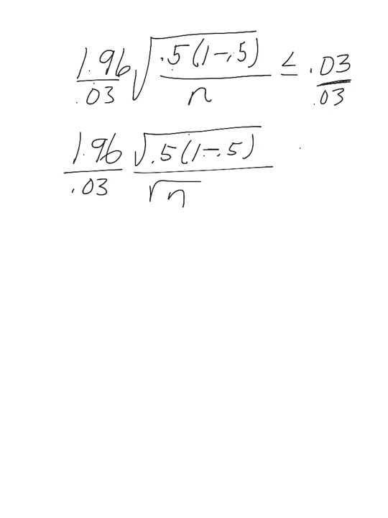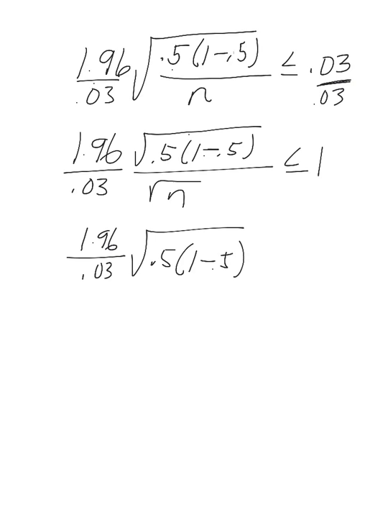I want to get rid of that square root of n, so I'm going to multiply both sides by the square root of n. So I get 1.96 divided by 0.03 times the square root of 0.5 times 1 minus 0.5 is less than or equal to the square root of n.